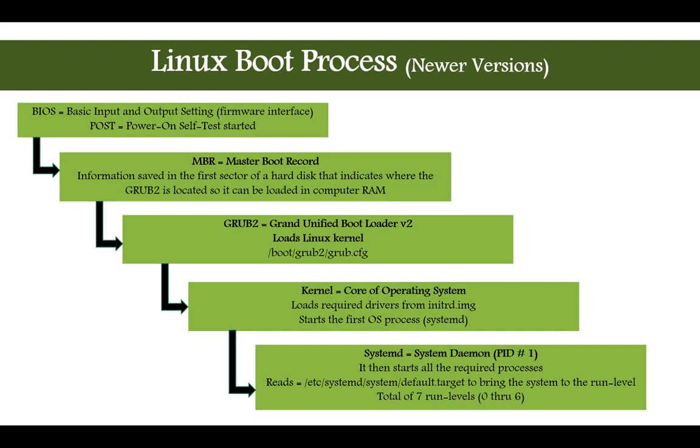Every Linux system has a total of 7 run levels, from 0 through 6, which define where it's going to start. It defines whether it needs networking, single user mode, or whether it actually needs to shut down. All those run levels are defined in the default.target file. So it looks in that file, sees which target, which run level it has to start, and that's how your system becomes online.